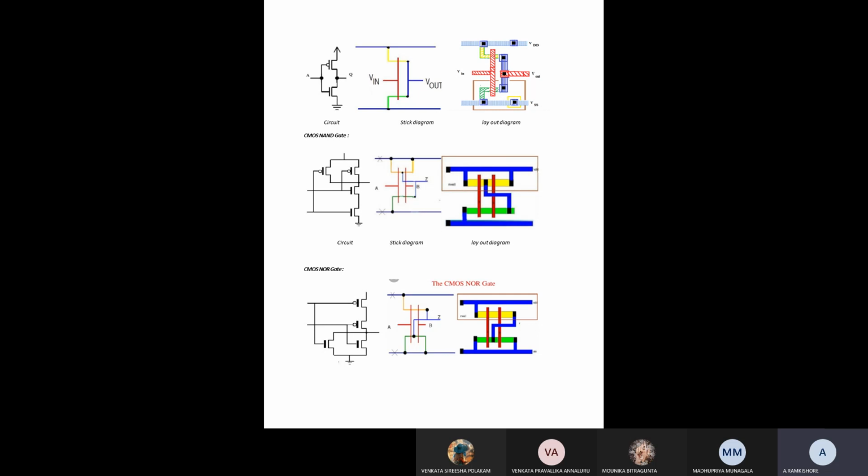We give the polysilicon for the two transistors separately. In the upper part, for the yellow line we give a polysilicon layer, and in the lower part, for the N diffusion, we give one too, with a common input.